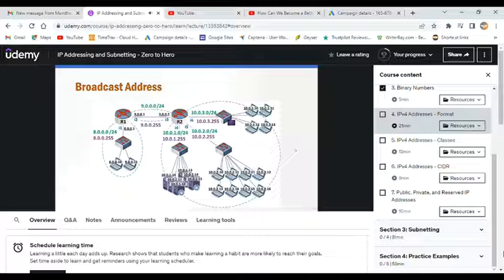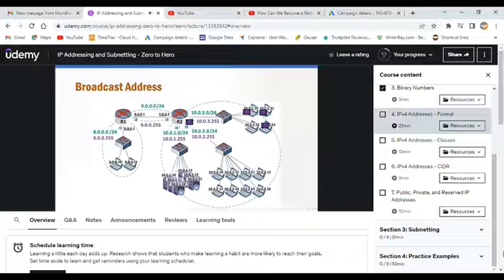The switch is going to send this packet through all of its interfaces except for the interface that received the broadcast packet. So these are the devices that end up receiving the broadcast packet. Now, if you're wondering what the router is going to do, is the router going to further forward this broadcast? It's not. Routers do not forward broadcast packets.